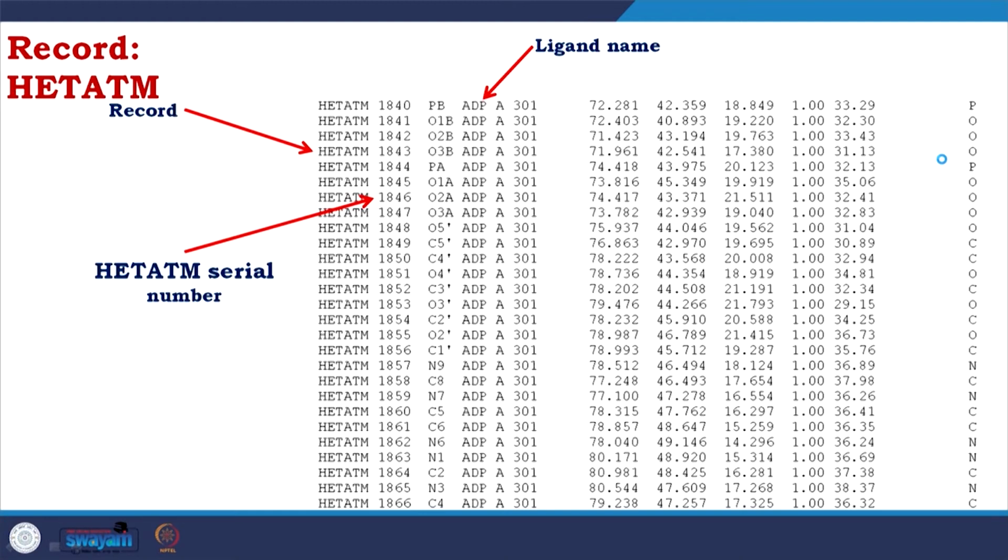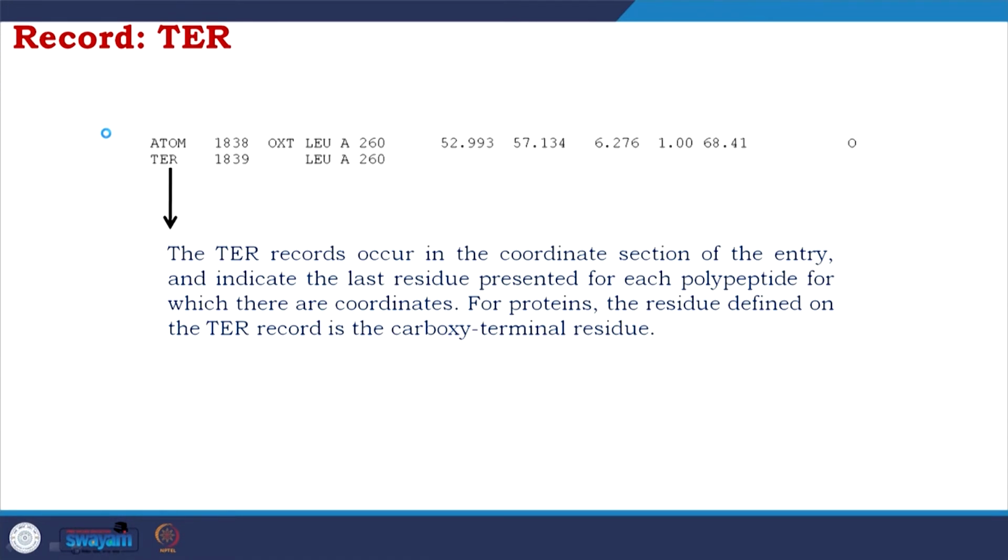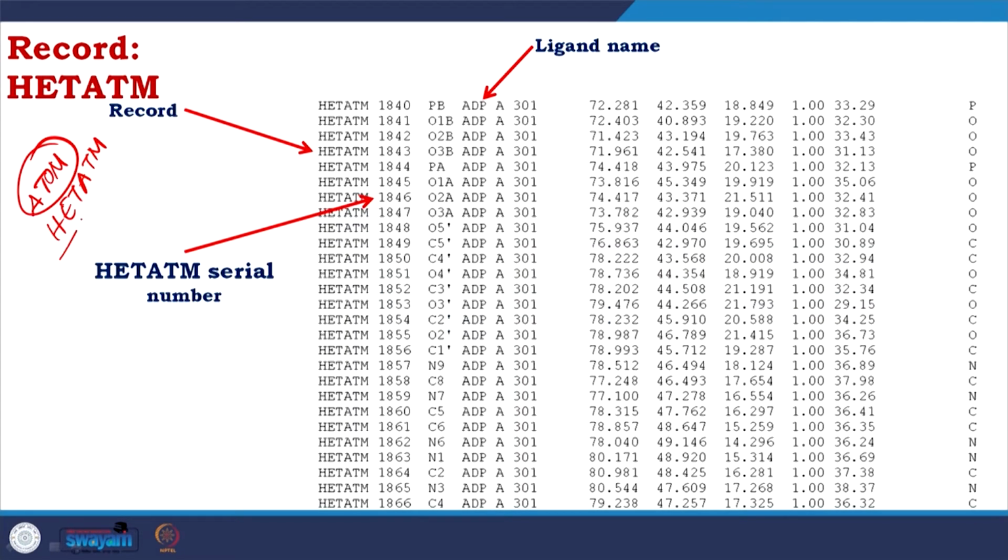First, tell me why we need atom and heteroatom. So, when you get here, you get the atom, you get heteroatom. What is the difference? Very, very significant. See, when you are working with a protein molecule, the protein molecule has 20 amino acids. When you work with RNA, DNA, they have actually 5 different nucleotides.